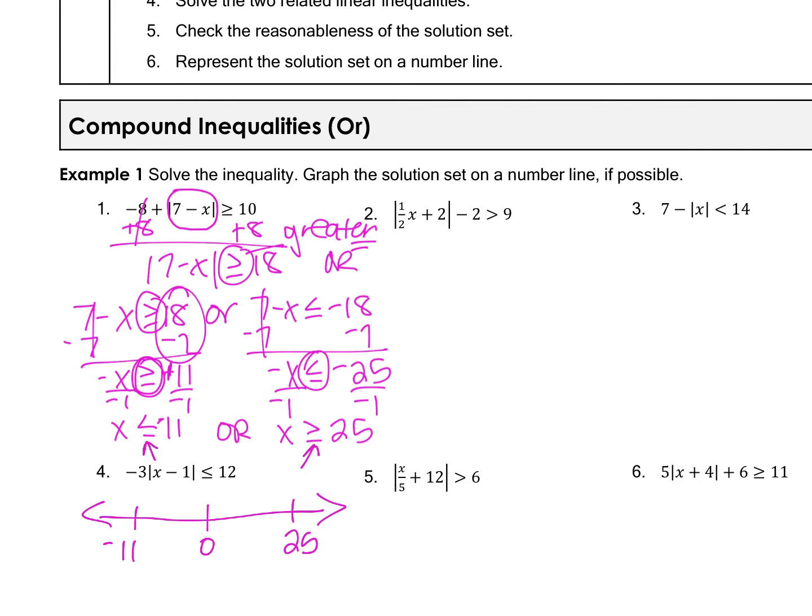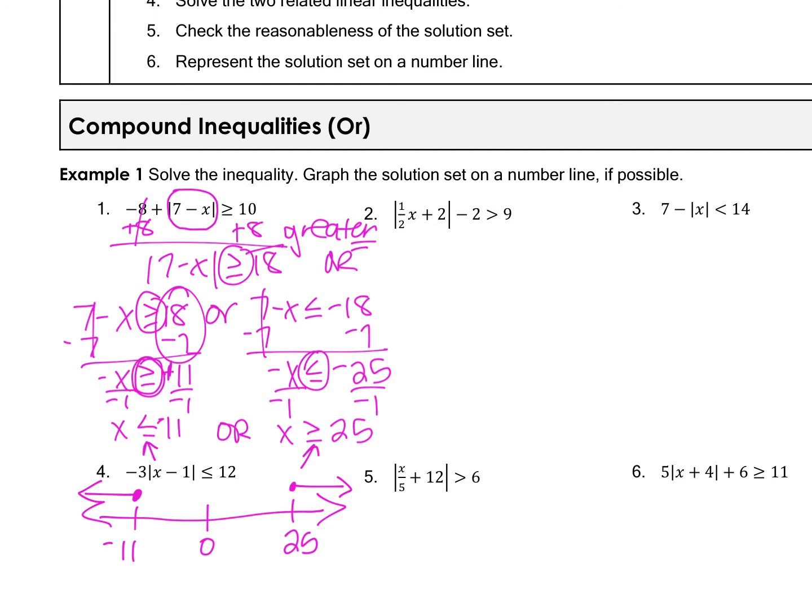So it's less than or equal to -11: put a closed dot on -11. Everything less than is to the left. 25 is closed, and everything to the right because it's greater. So anytime you have an absolute value greater, you're going to set up an OR statement, and on your graph, you're going to have it going opposite directions.